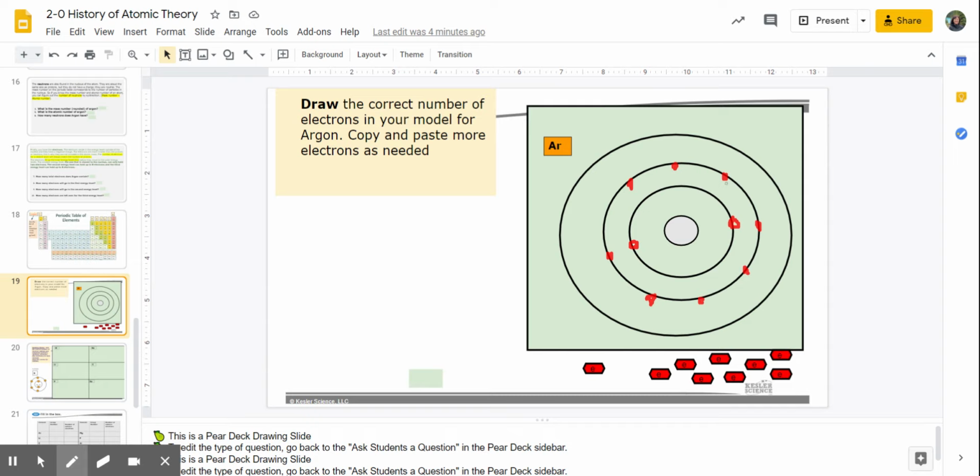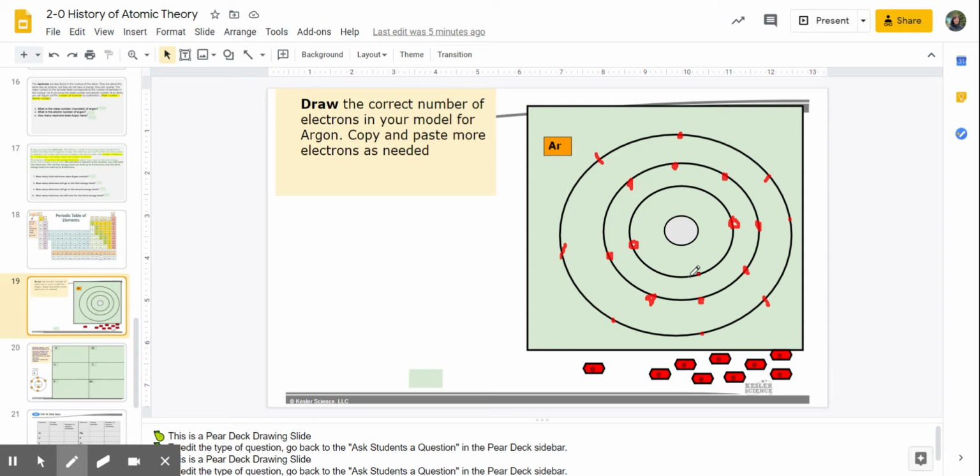But according to the periodic table, argon has 18 electrons, so you have to place 8 more electrons in the third energy layer. So you're going to have to draw 8 more. Okay, so in total we have 18 electrons.